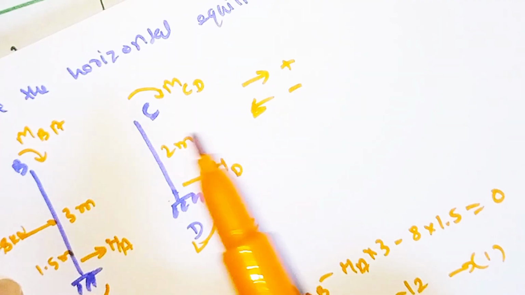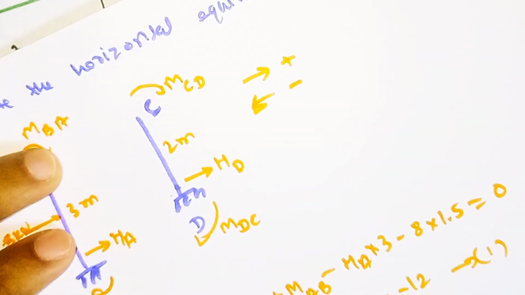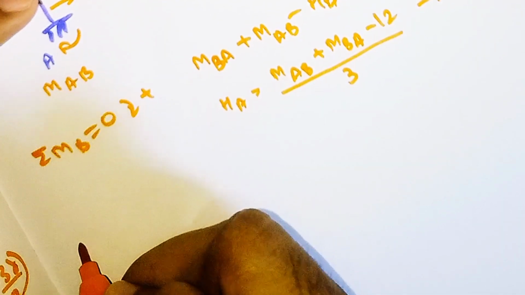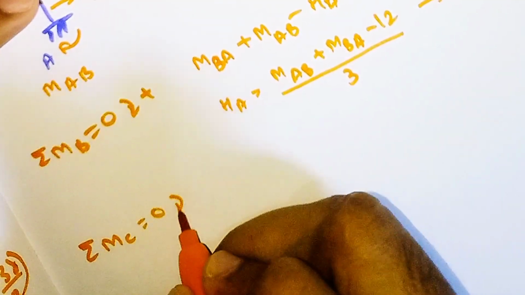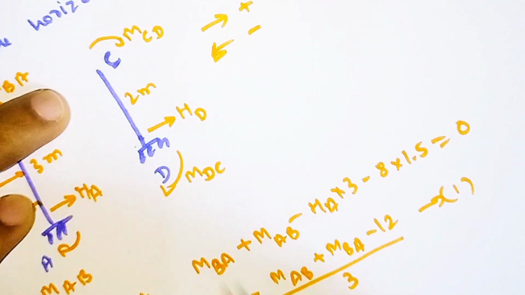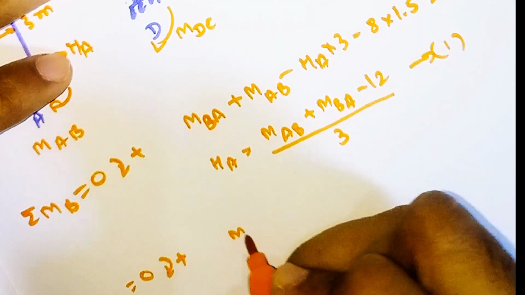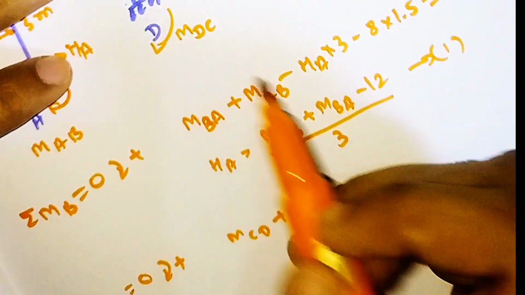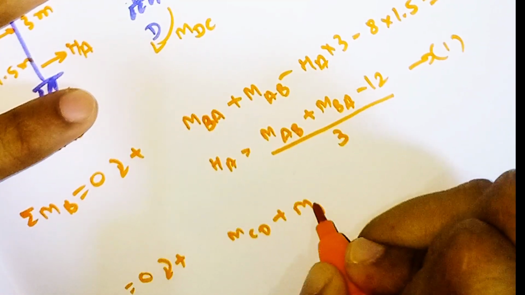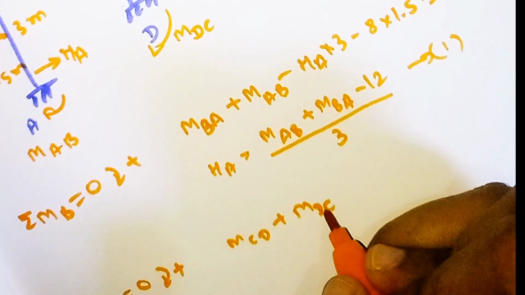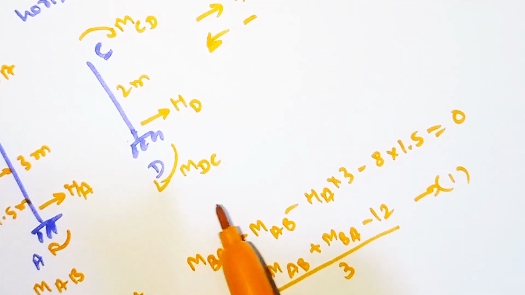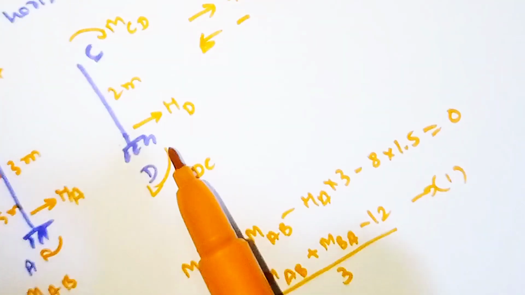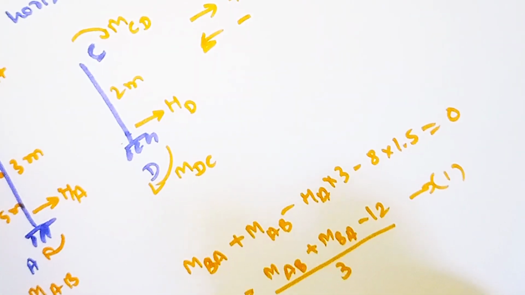We need to calculate for this member also. Summation of moment about C is equal to 0, clockwise positive. Here MCD is moving clockwise, so MCD plus MDC is also moving clockwise. Only two moments are acting. One more reaction is acting, HD.